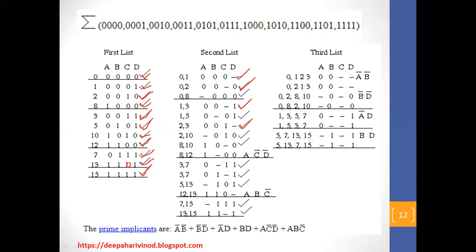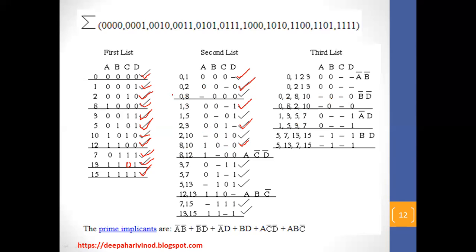So note it down. The first bit you have changed over there. Second is 0 and third is dash 0. So 0 2 with 8 10. Put a tick mark over this. Dash 0 dash 0. That will be the combination for 0 2 8 10.